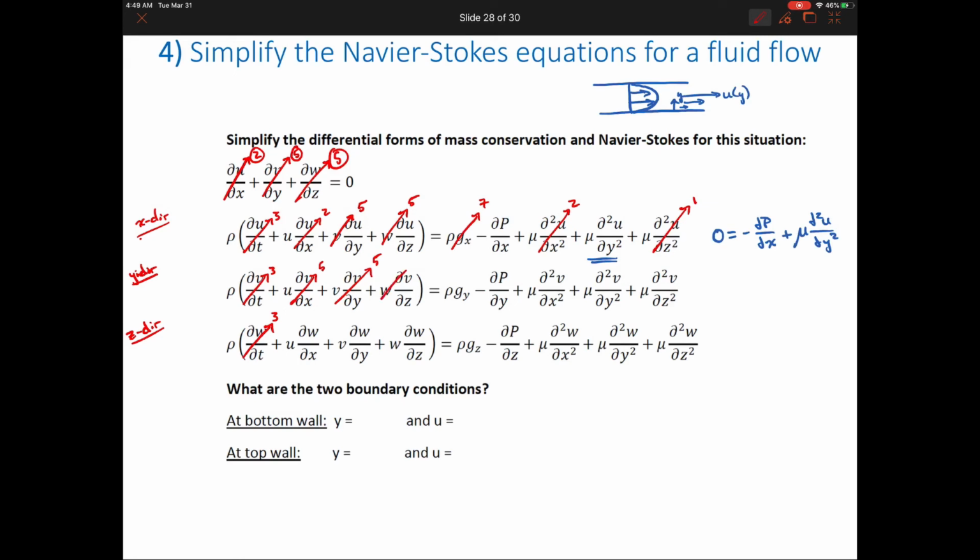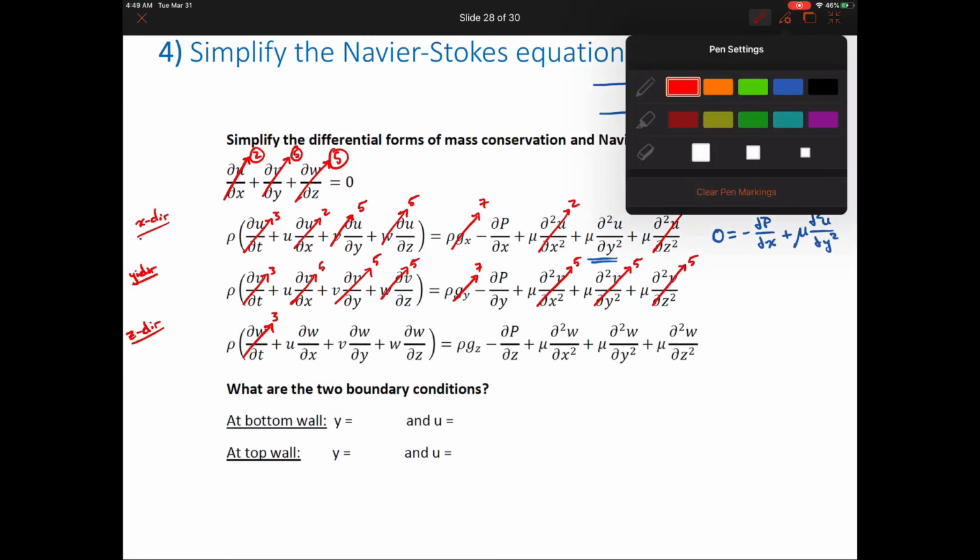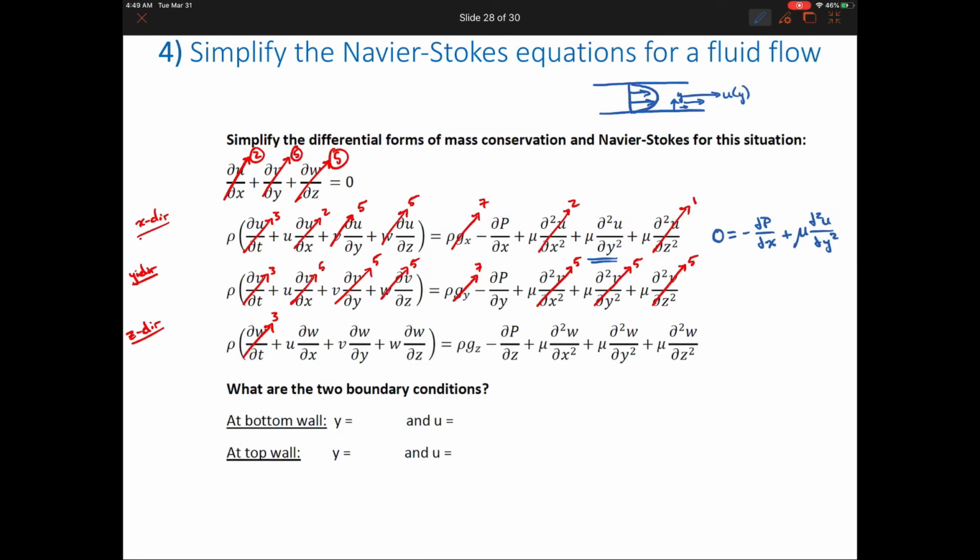We don't have velocity in the v direction or the y direction. Same here, number 5, it's being very useful, cancel out a lot. And then 7, and then we have in the x direction, we don't have a change in the y velocity with respect to x, is what this statement meant here. We have the same deal here, 5, and then last, same. We can cancel those all out.